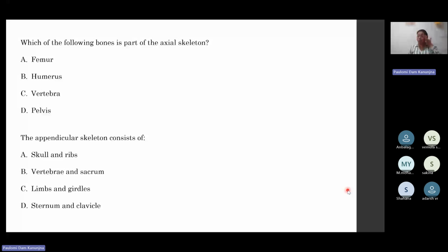So which one would that be? And appendicular is anything which is not part of the axial. Okay, so that's first. What about the second one?